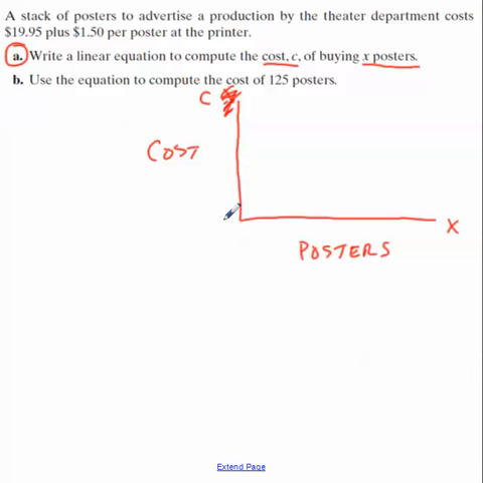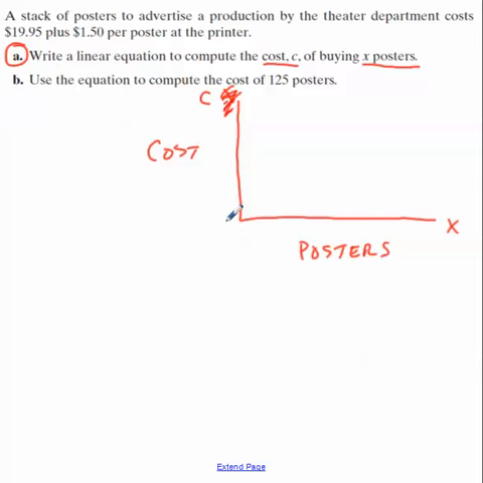All right, so let's go from there. A stack of posters advertised by the theater department costs $19.95 plus $1.50 per poster. Well, how do we put that information onto our chart? If we walk into the poster printer and say, I'd like to make some posters, they would say it's going to cost $19.95 just to set up, the walk-in fee to talk to us and set it up.